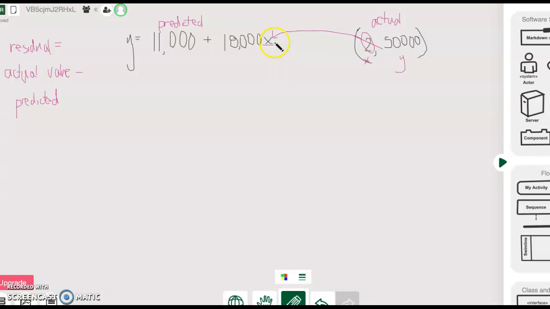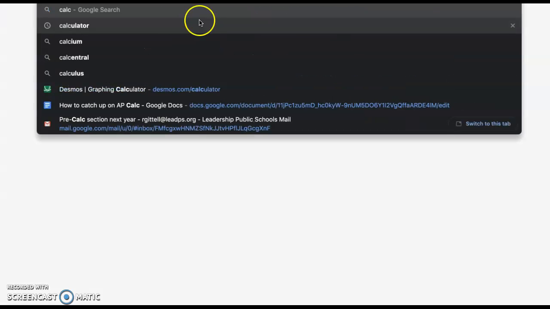What's the Y value that my equation predicts? So what I'm basically going to do is replace this X with a 2, and then plug this whole thing into a calculator. So let's do that.